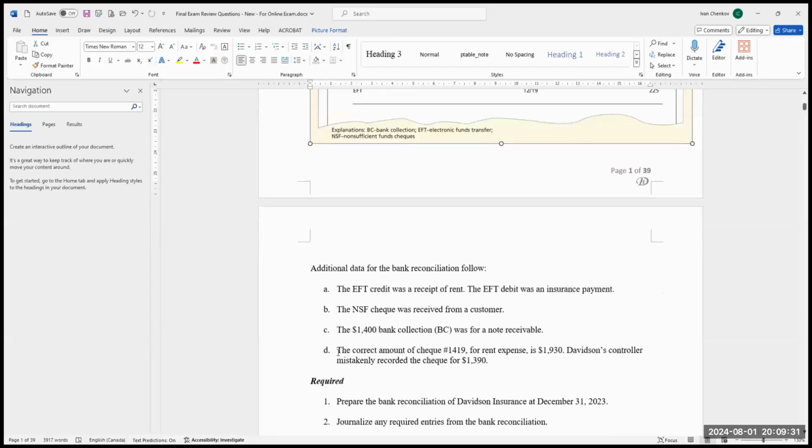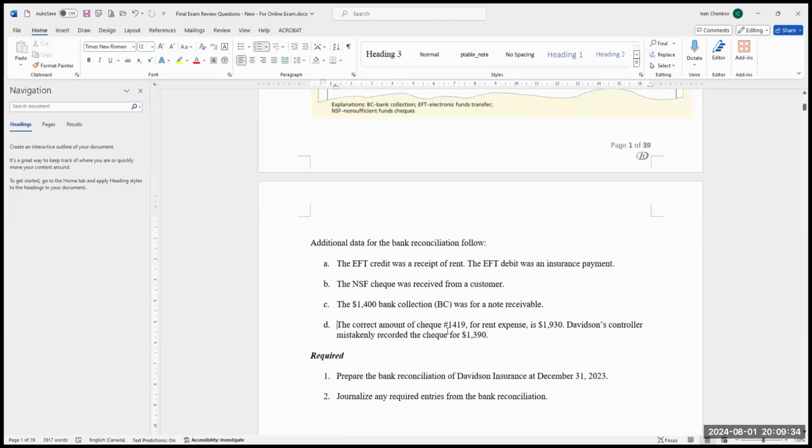As we can see here, there's information. The correct amount of the check for rent expense is $1,930. The controller mistakenly recorded the check as $1,390. So what's happened is our controller, the person who's signing or issuing the check, actually issued the check for the right amount, but the journal entry was wrong.